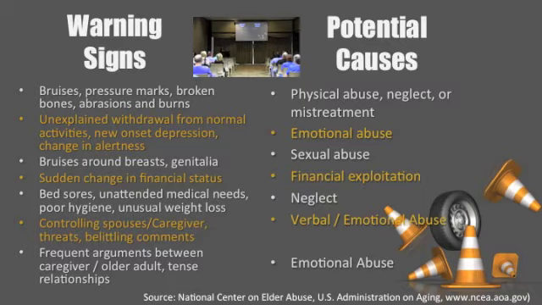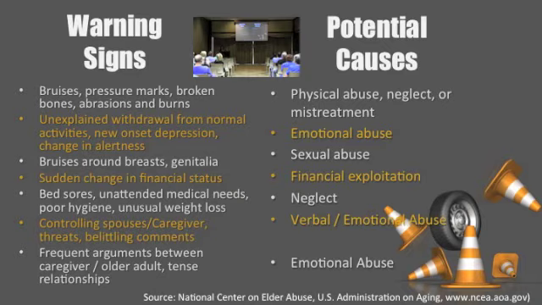A sudden change in financial status, so all of a sudden that changes, you might consider the financial exploitation that might be occurring. Bed sores, unattended medical needs, poor hygiene, unusual weight loss, it's a form of neglect, which is a form of abuse.